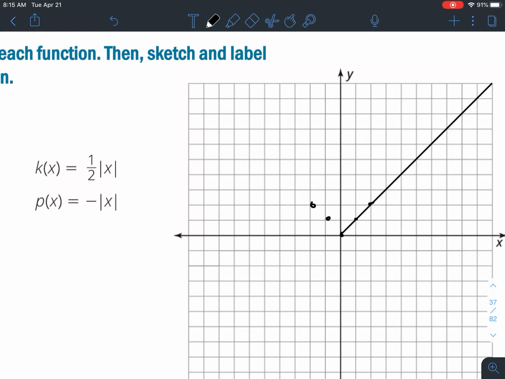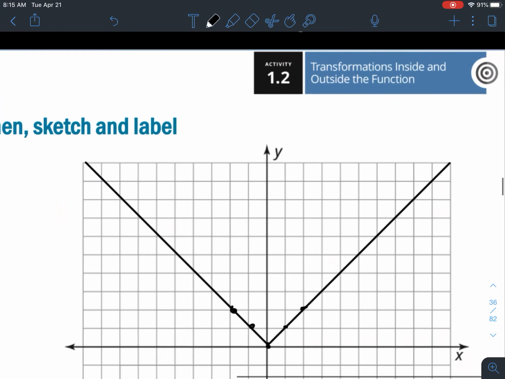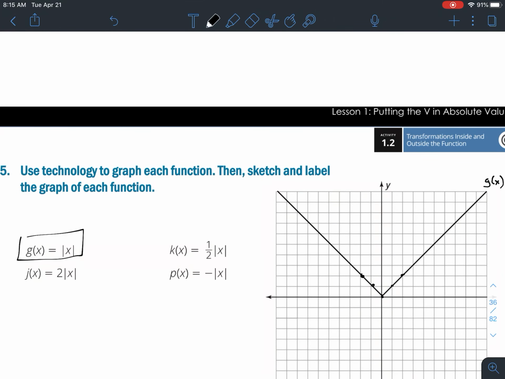It's going to look like this. There you go. Best I can make it. So this is our G of x. So I'm labeling it as G of x, so we know that's our G of x.